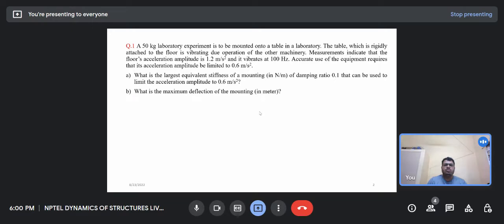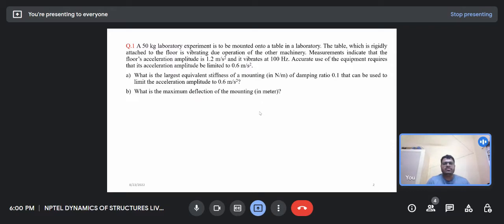Accurate use of the equipment requires this acceleration amplitude be limited to 0.6. What is the largest equivalent stiffness of the mounting, of damping ratio 0.1, that can be used to limit the acceleration amplitude to 0.6 meter per second square, and what is the maximum deflection of the mounting in meters?